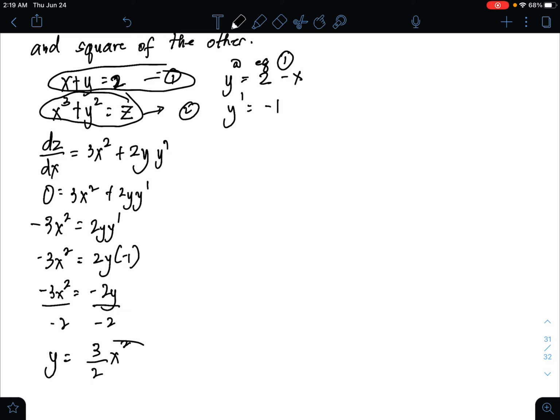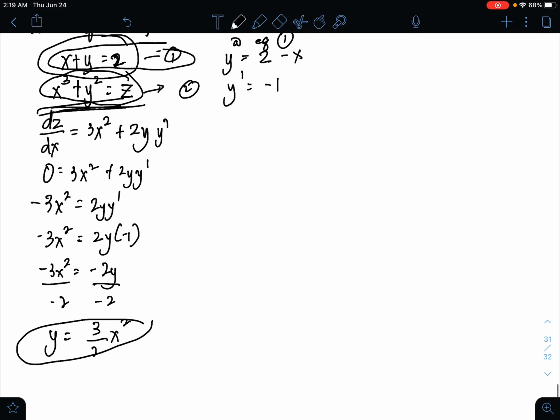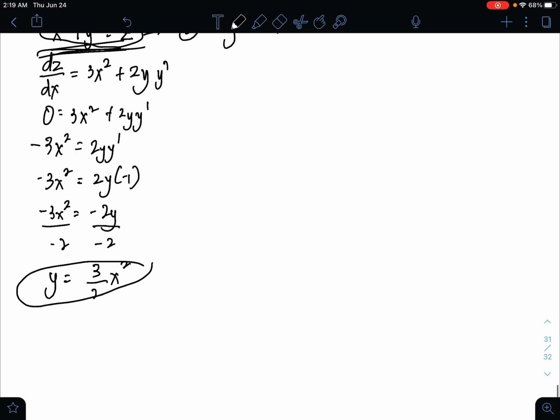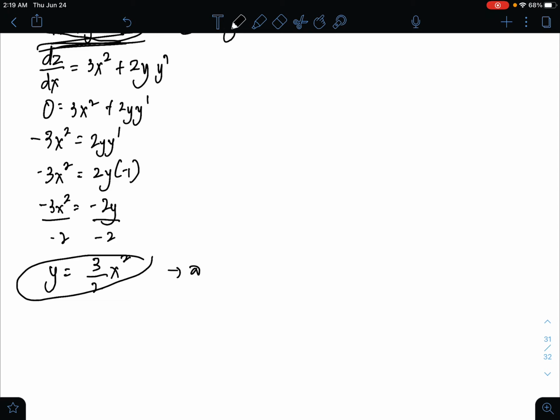Okay? So now that y has a value, you can substitute it directly into equation 1. Earlier, we could not substitute it yet since there were three variables. We could not directly eliminate the variables to get the values of x and y. So therefore, substitute at equation 1: x plus 3 halves x squared is equal to 2.